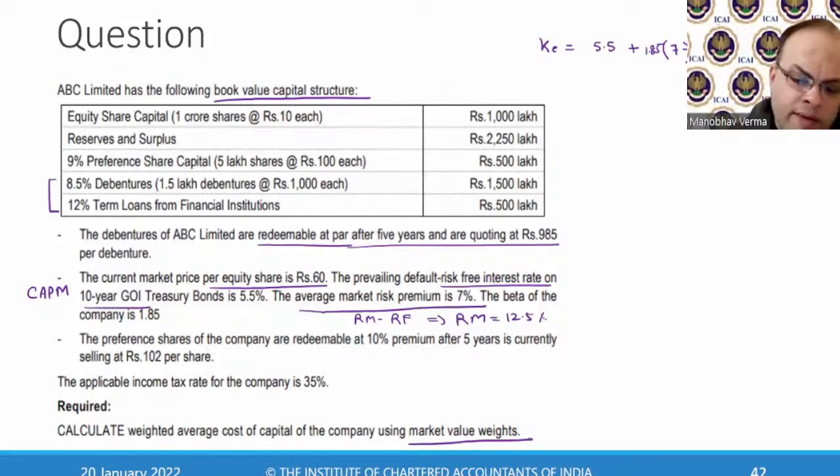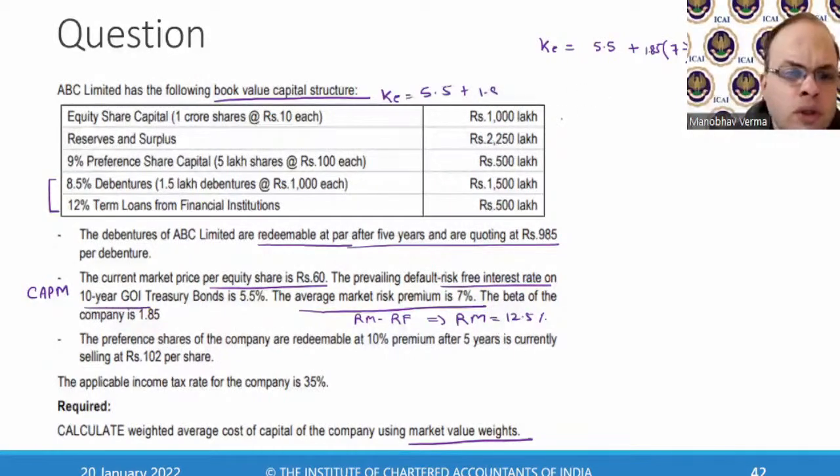Brinda, I will write a little bit lower down. Thanks, Brinda. Okay, so cost of equity is 5.5 plus 1.85 into 7. That's 18.45%.